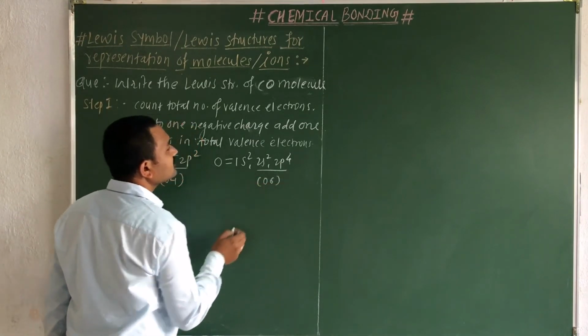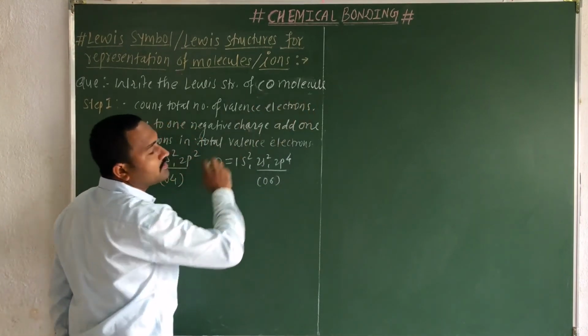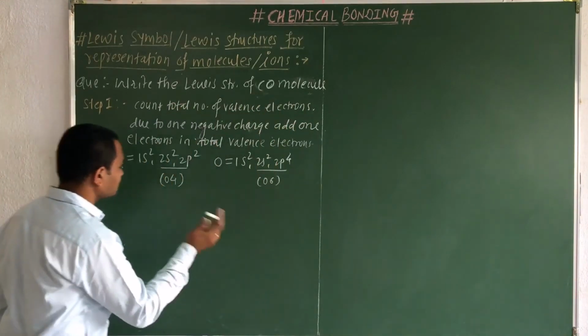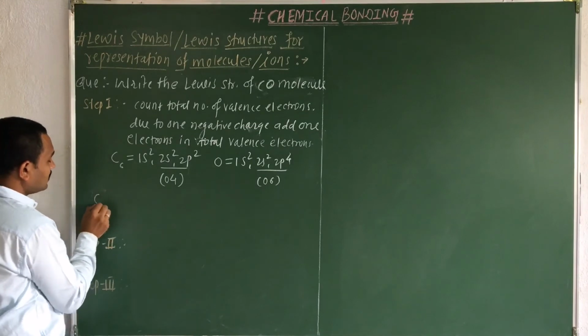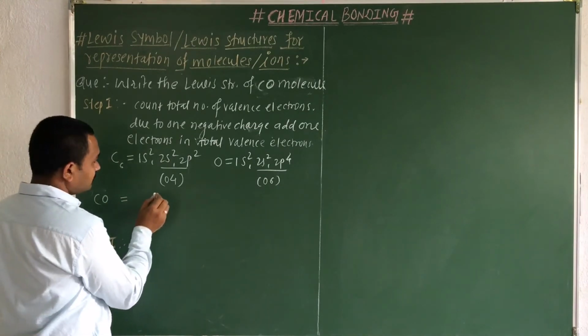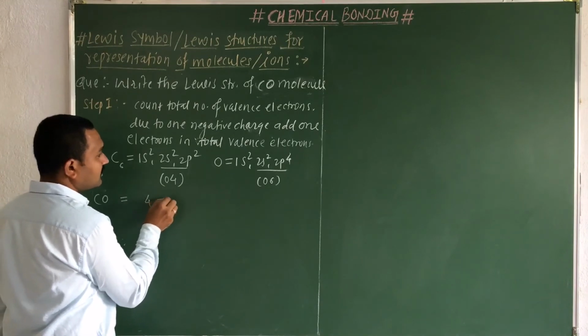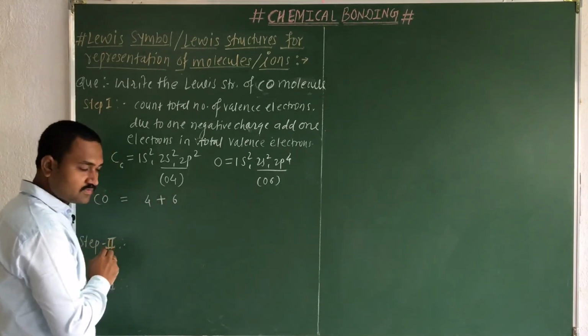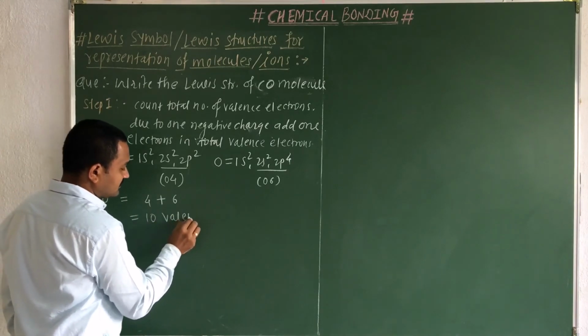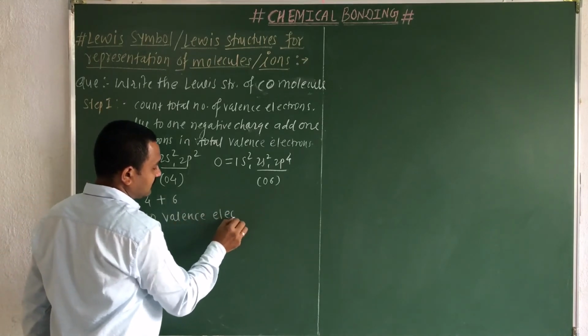As it is a neutral molecule, it does not have any charge, so we don't have to add any additional electrons. So the total number of valence electrons for the CO molecule equals 4 plus 6, which equals 10 valence electrons.